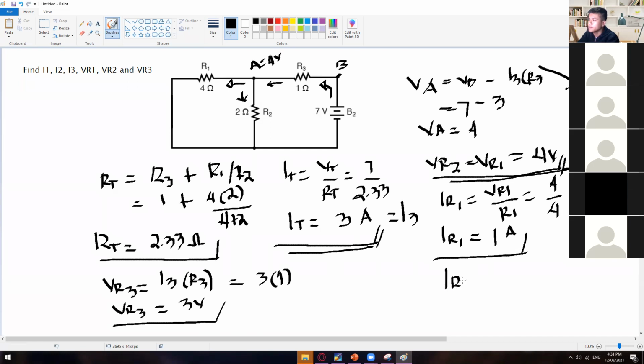And then IR2 is equal to VR2 divided by R2. And VR2 is equal to 4 volts divided by R2, which is 2 ohms. So IR2 is equal to 2 amps, since this one is a current.